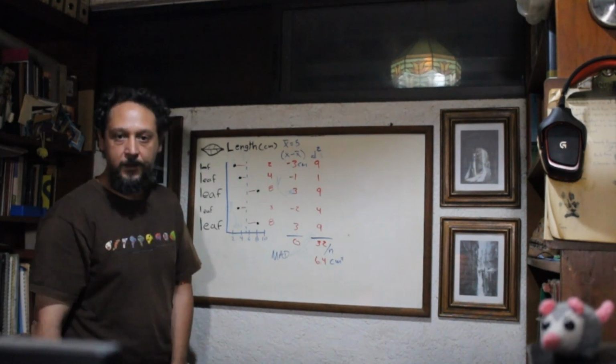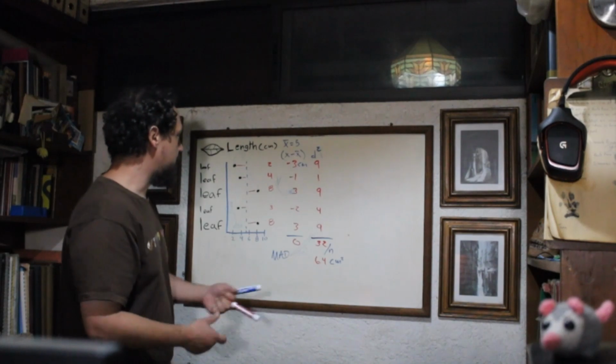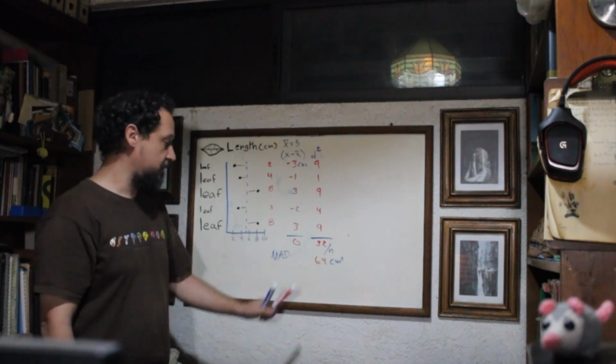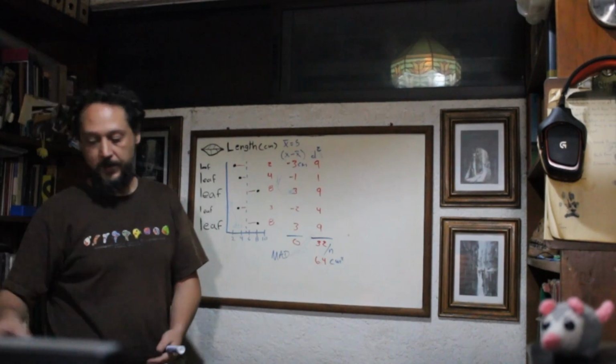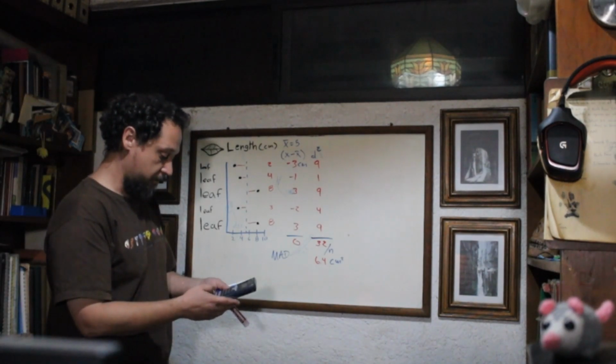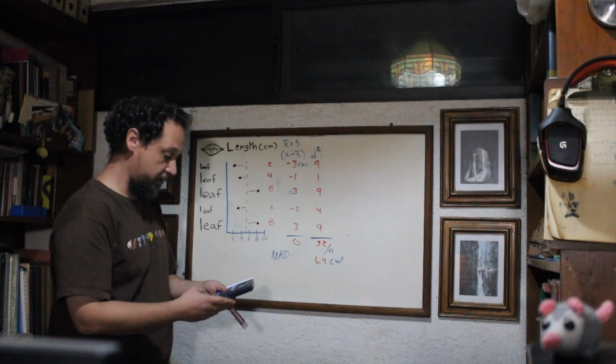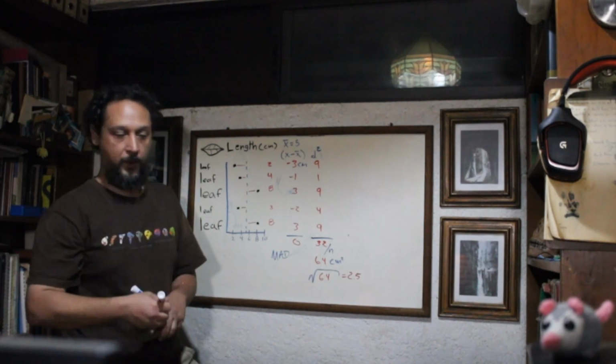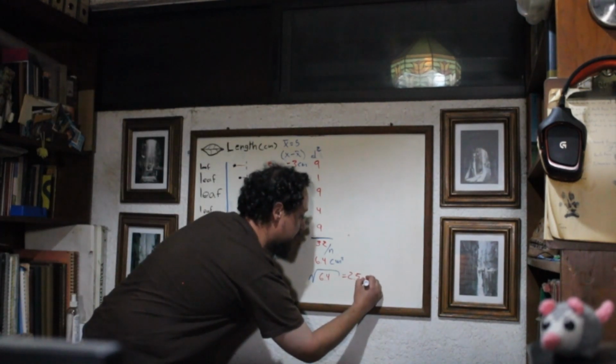So what do we do? It's very simple. We just take the square root of this value and get the standard deviation. So that will be the square root of 6.4 equals 2.5. 2.5 what? 2.5 centimeters.